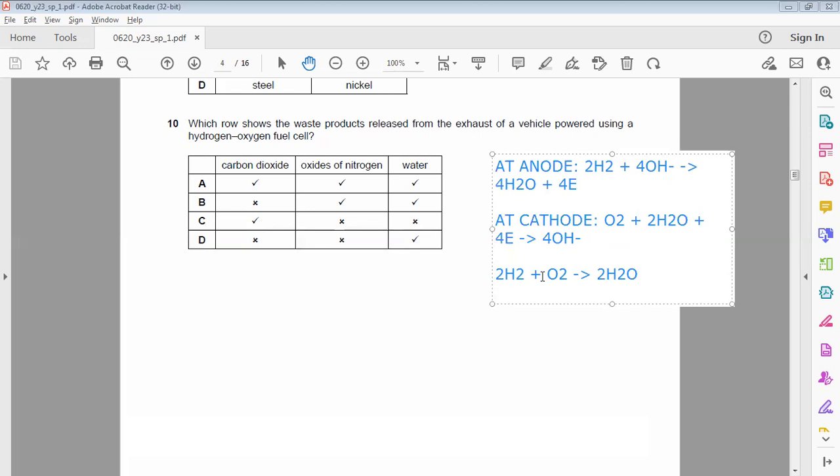That means the correct answer will be D. Which shows the waste products? There is no harmful waste product. There is only water. That's the waste product, which is environmentally friendly. All right.